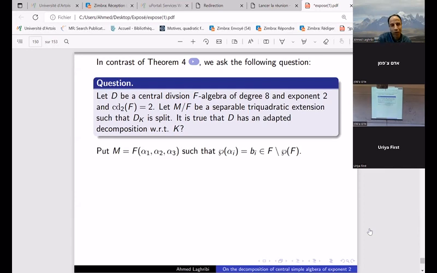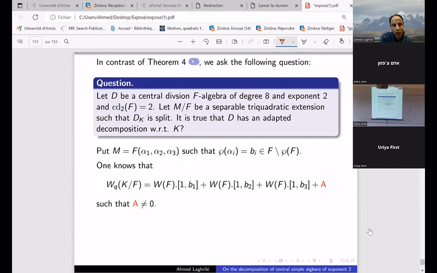So if you take a separable extension like this, with this condition, the Witt kernel is decomposed like this. We have the part that we expect, and we have the obscure part we don't know here.